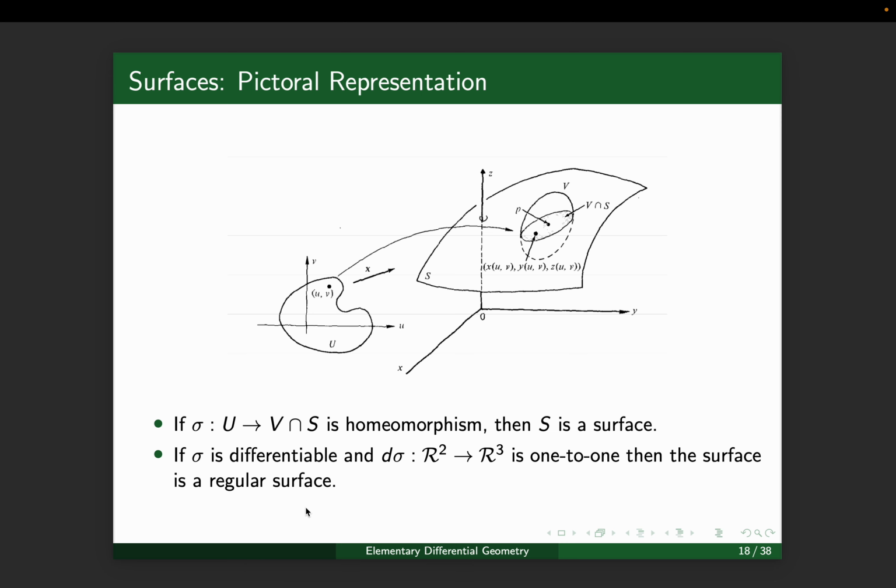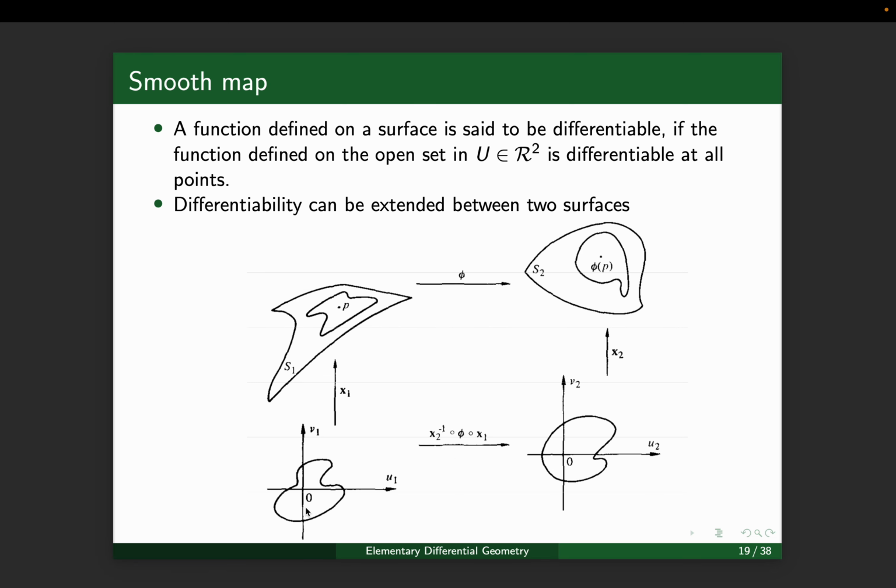So after all these things, now we can define what is a smooth map between surfaces. Before that, we first need to find what is a differentiable function on the surface.